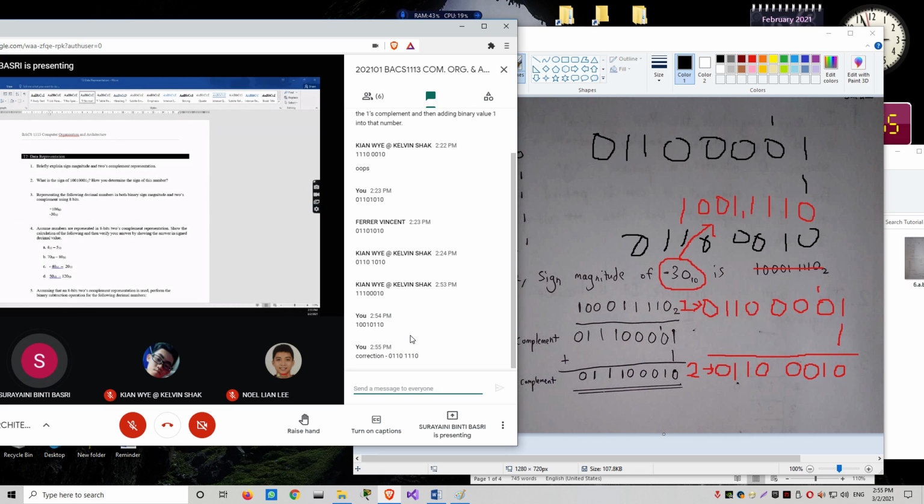Okay, so Noel, there's a correction. So this correction is for what, sign magnitude or 2's complement? Two's complement. So the 2's complement here, there's a difference. The suggested answer here has a difference from your answer.